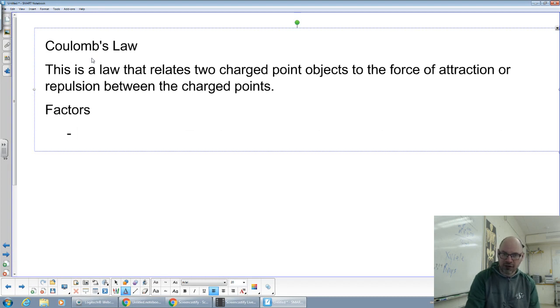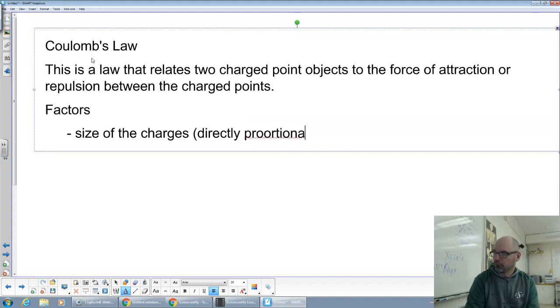Okay, so first thing that matters is the size of the charges. The bigger the charge, the more the force. Okay, directly proportional.